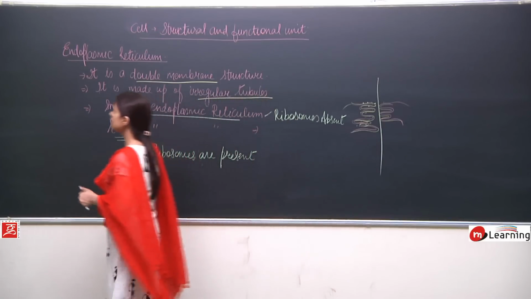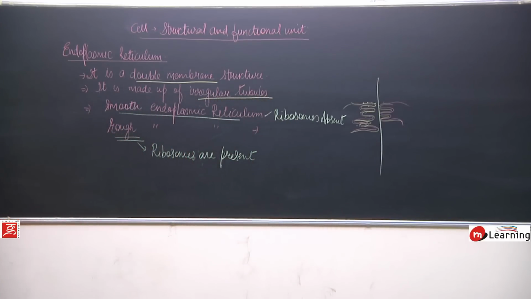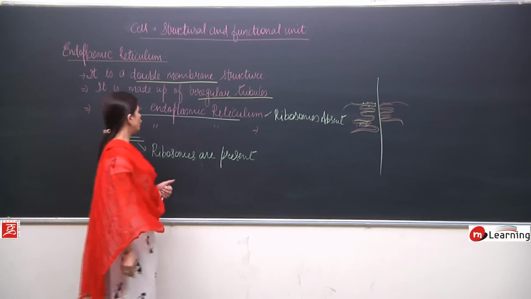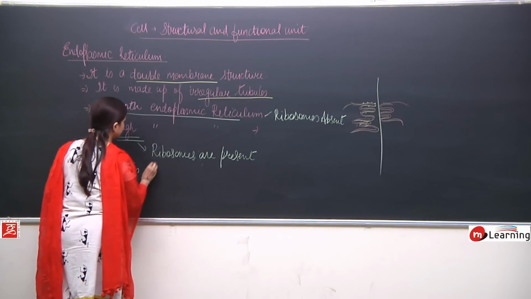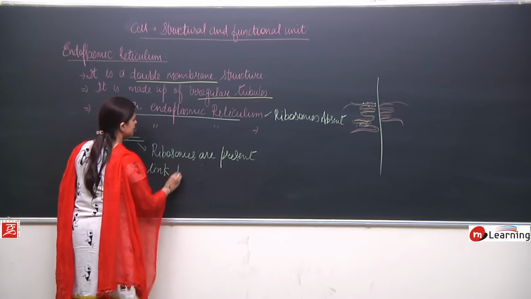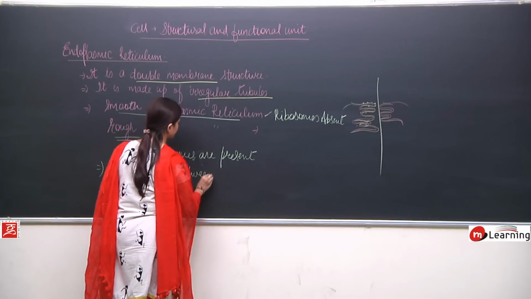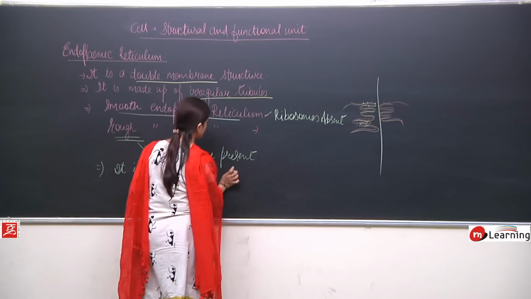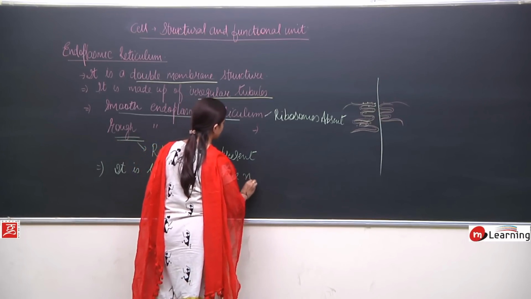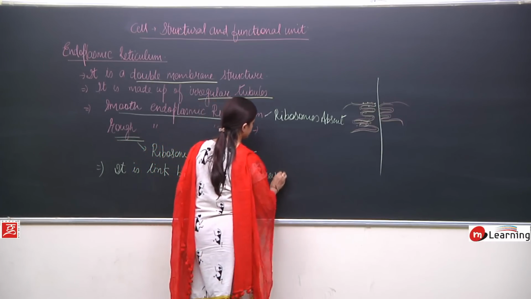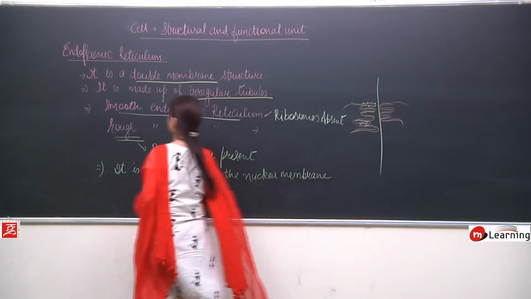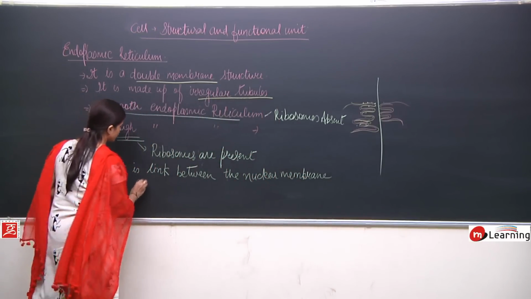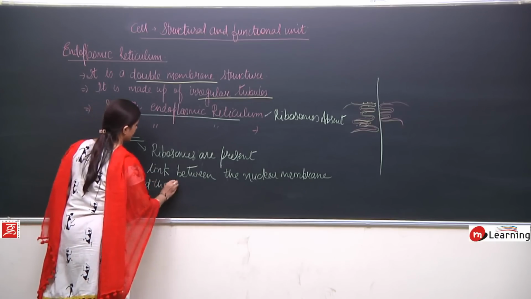It is a double membrane structure, and where is it present? It is a link between the nucleus or the nuclear membrane and the cell.